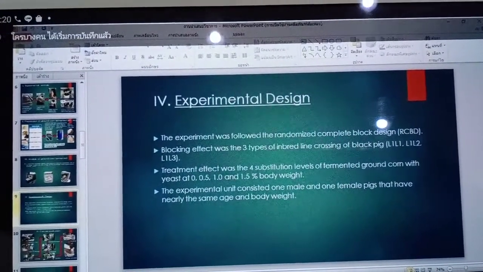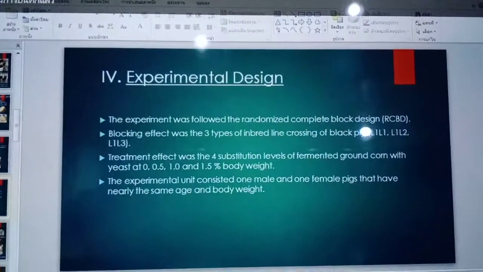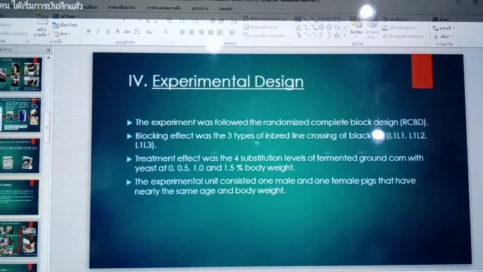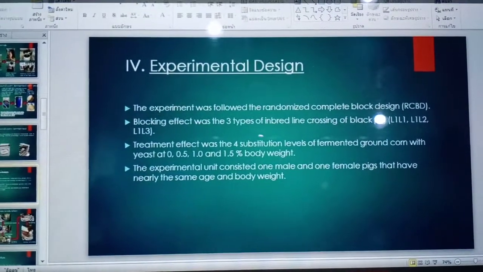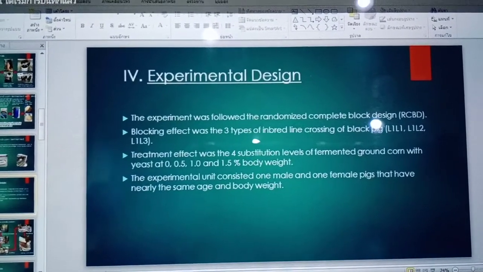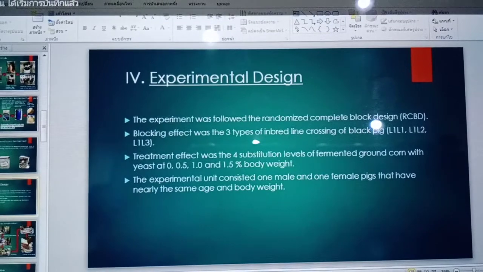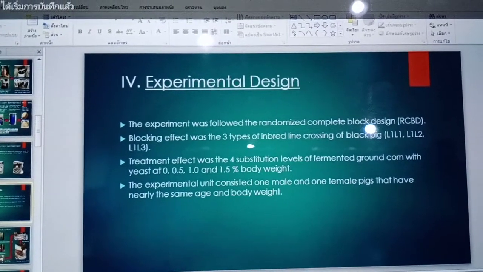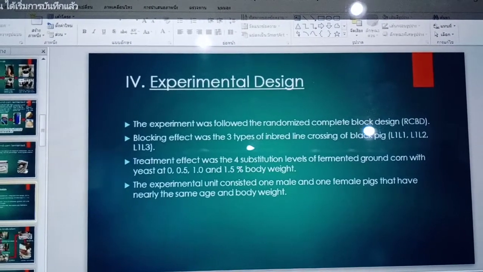Experimental design. The experiment followed the RCBD. The blocking effect was the three types of input line crossing.